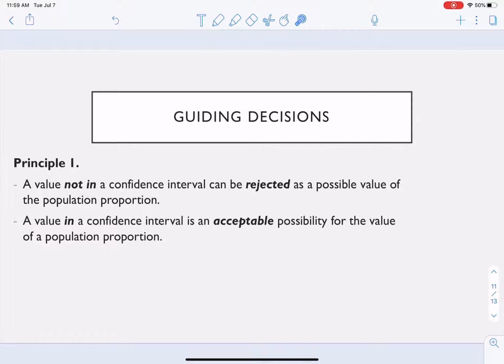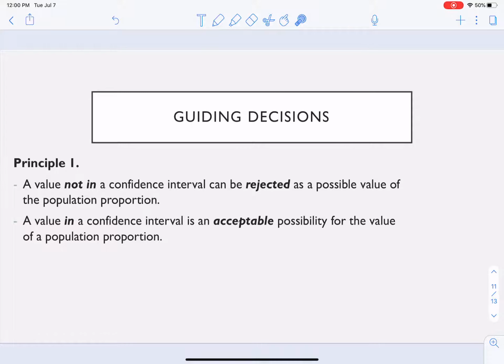More generally, a value that is not in the confidence interval can be rejected, right? There's not a very good chance it's going to be in there, especially if it's way far outside of the interval. What the interval tells us is all of the possible values that the population could be.